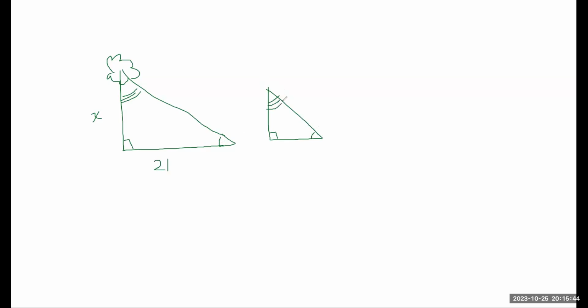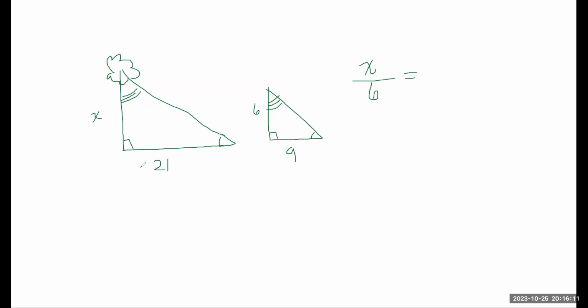We know our triangles are called similar, and that means I can set up a proportion. This given height was 6 feet, and this was 9 feet. All the measurements were in feet. So setting up the proportion, the height of the tree corresponds with the height here of 6.